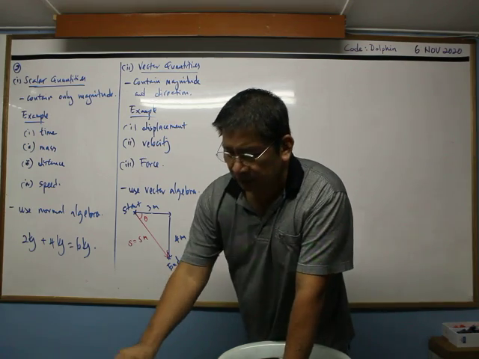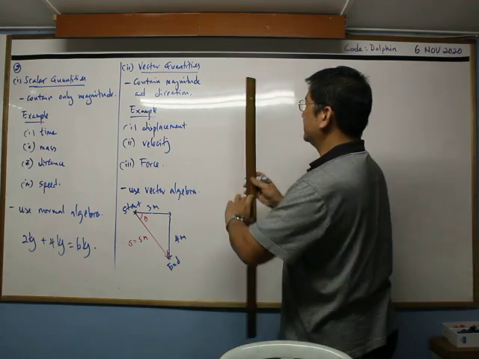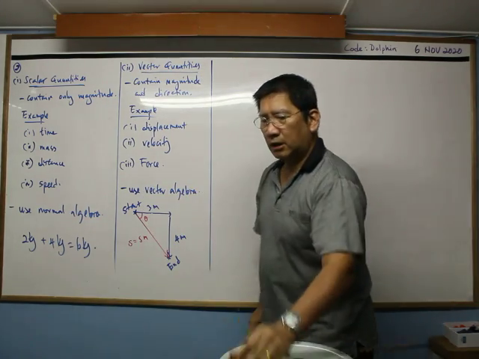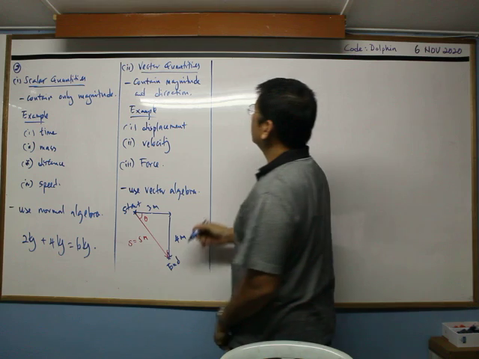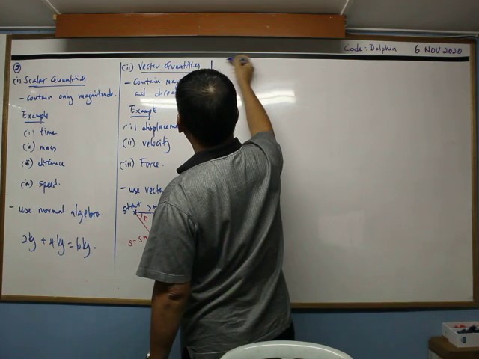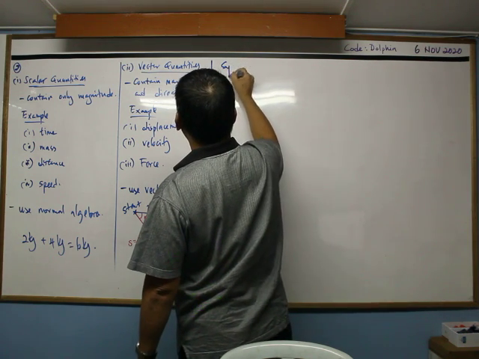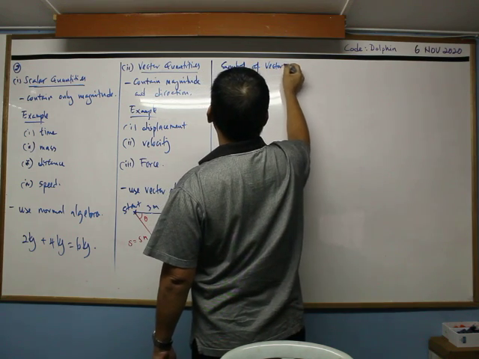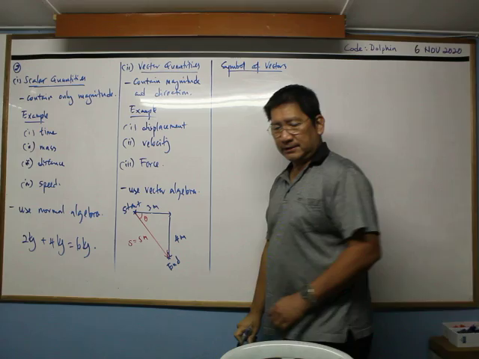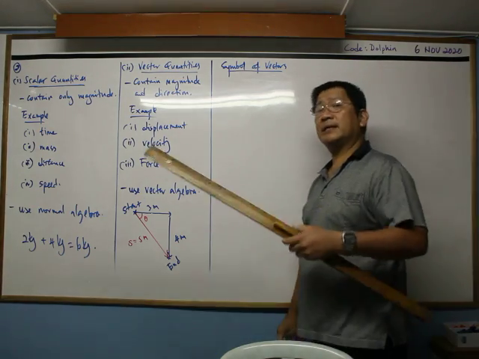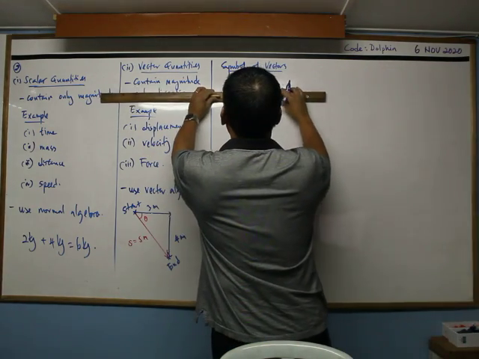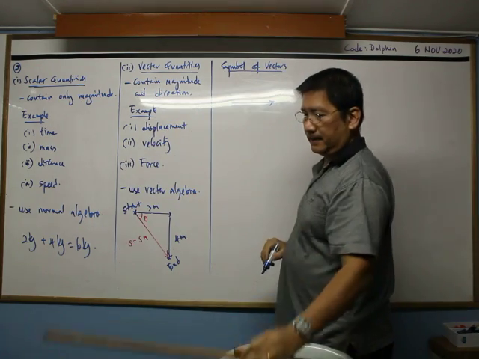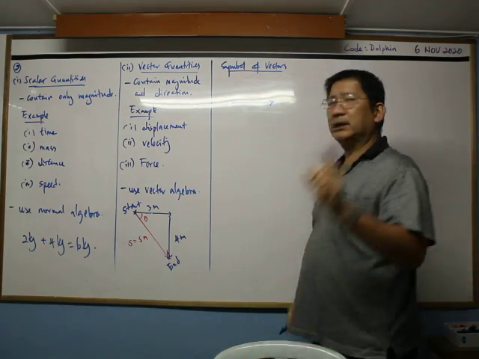Alright, the next thing we're going to look at is, how do we represent a vector quantity? So now we are still under vectors, and this is the symbol of vectors. Our symbol of vectors is very easy. For example, I can say that my displacement is pointing to the east.